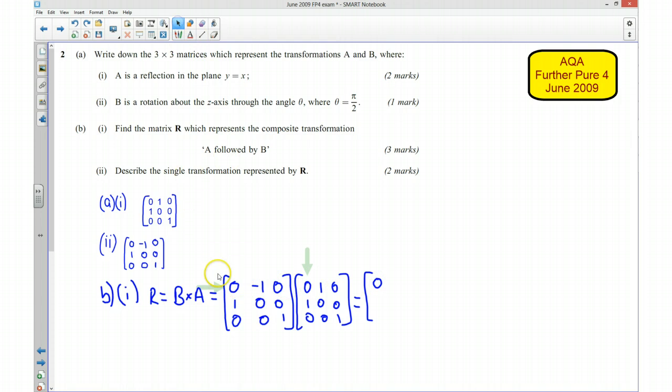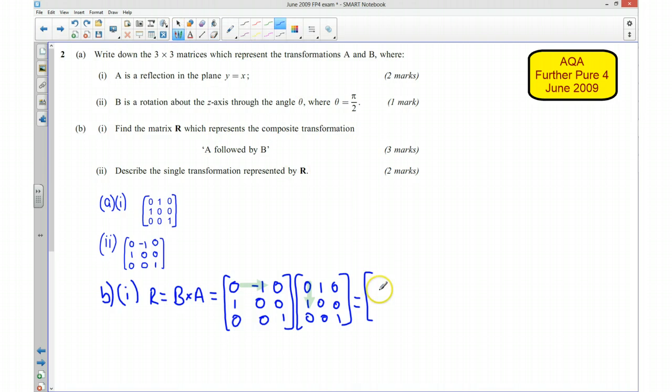And then I've got negative 1 times 1, which gives me negative 1. And then I've got 0 times 0, which is going to give me 0. Okay, so that's the first bit. And in fact I'm going to do this part a little bit quicker. You might want to have a go at finishing this off yourself now, and I'm just going to pop in the answers.